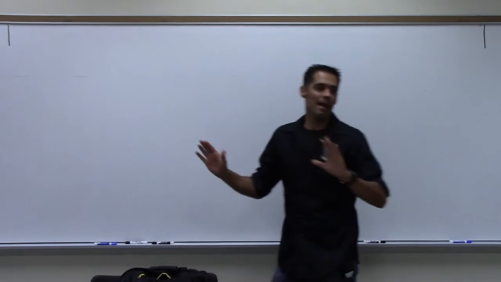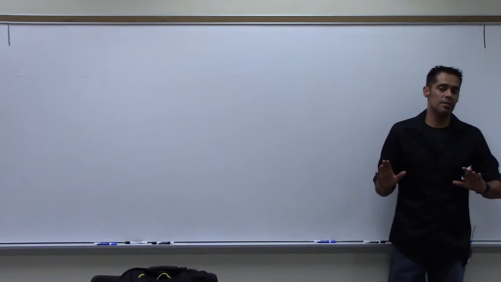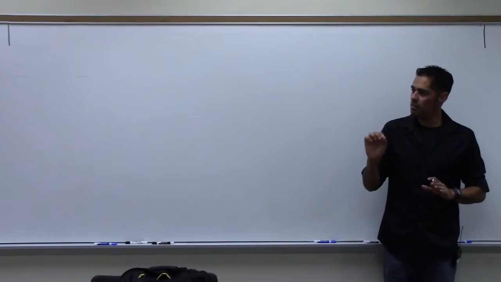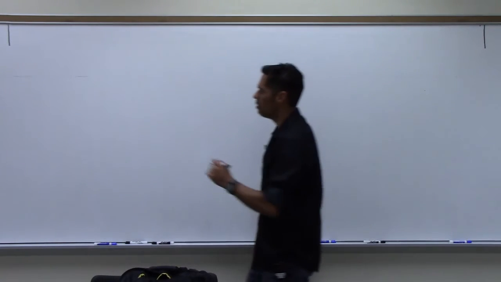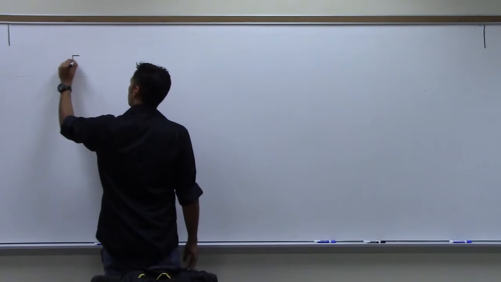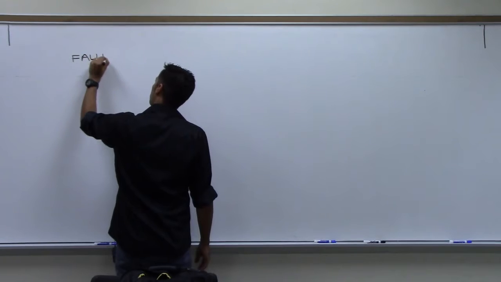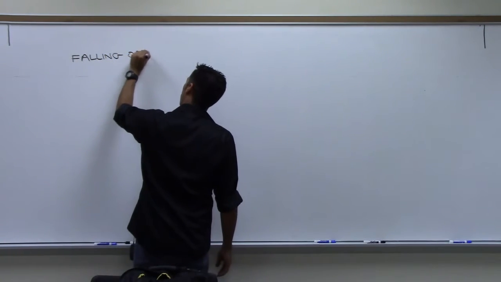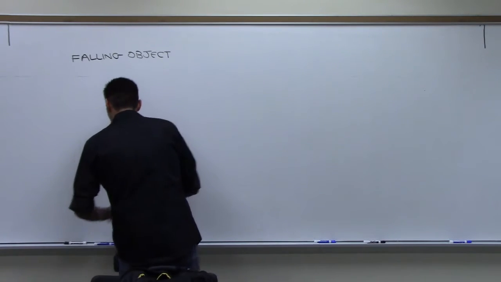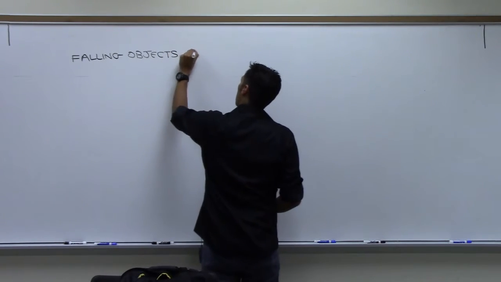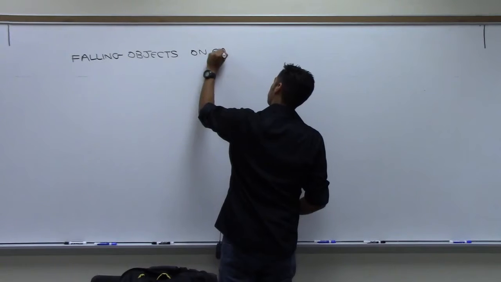So there are so many different applications of quadratic functions. I like to pick one specific one because I think it's most applicable to the real world, and that is falling objects on Earth.